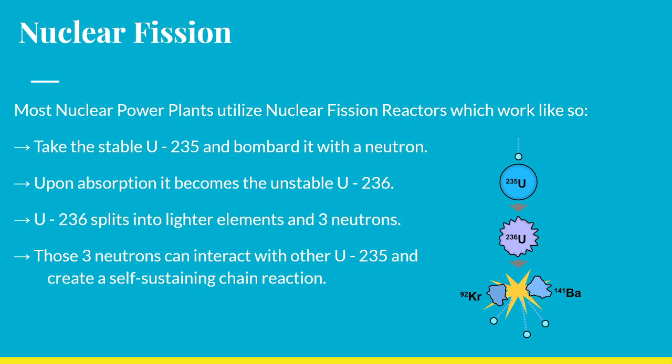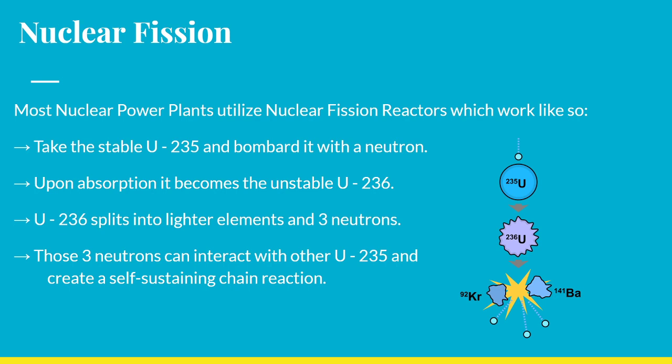And upon absorption, it will become the unstable uranium-236. This will split into lighter elements spontaneously. Once you send the neutron into uranium-235, you don't have to do anything. Uranium-236 will decay, and it does so rather quickly.